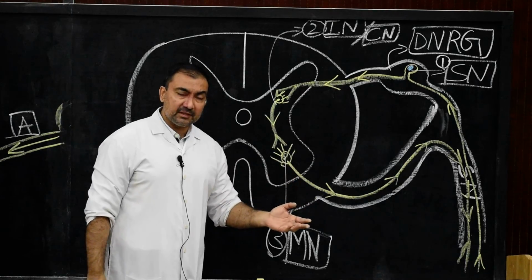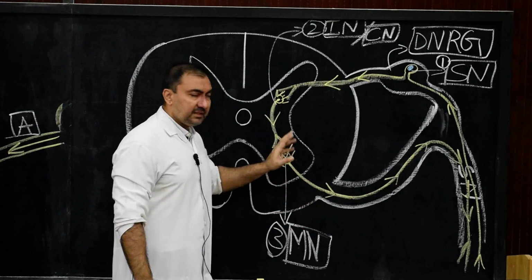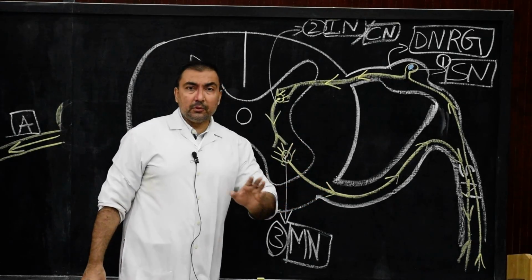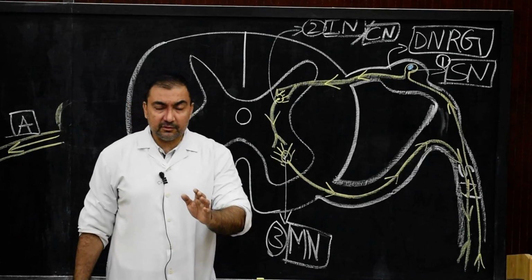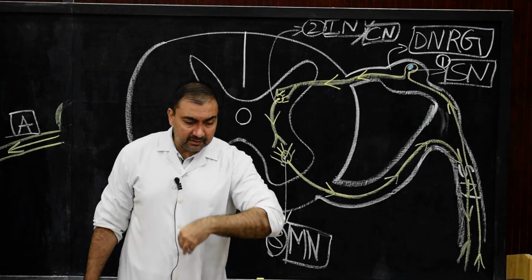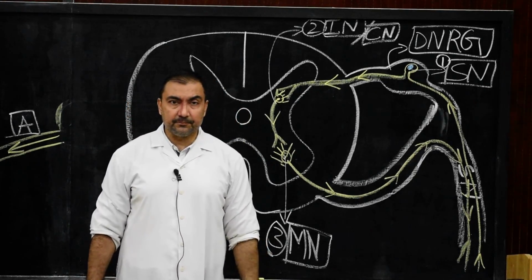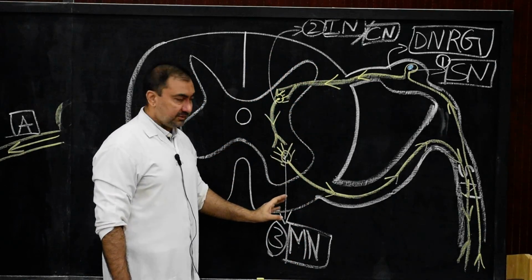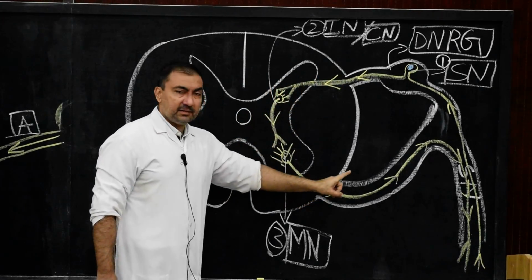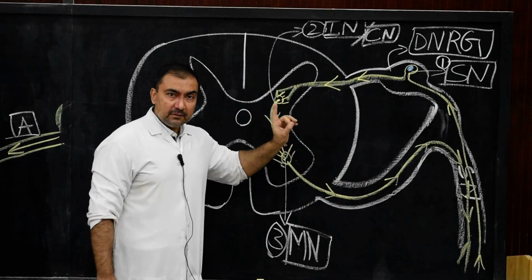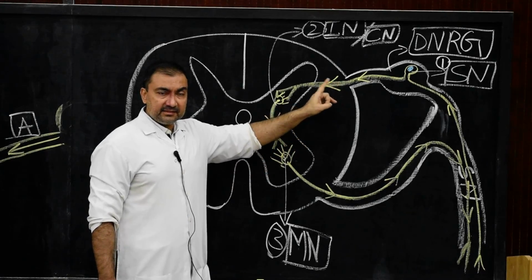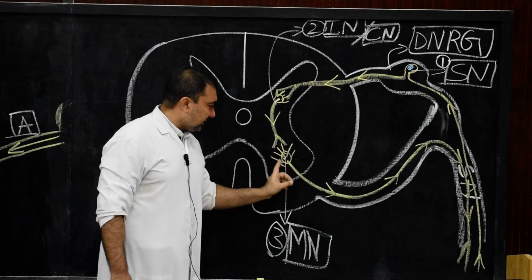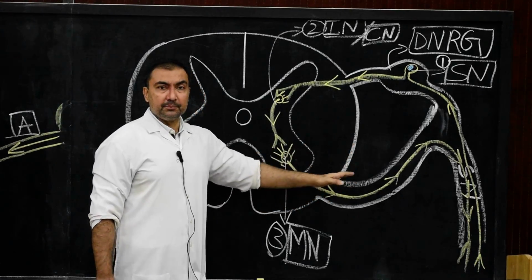Otherwise, all motor neuron cell bodies are located within the gray matter. So there are three varieties of neurons: sensory, internuncial and motor, shown by a clear diagram based upon their functions. Sensory neurons carry sensory functions, internuncial neurons connect sensory and motor neurons, and motor neurons carry motor impulses only.